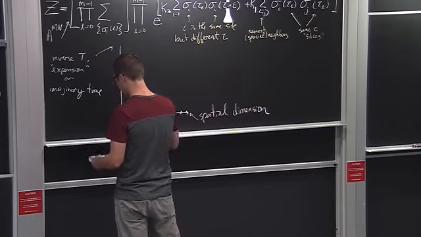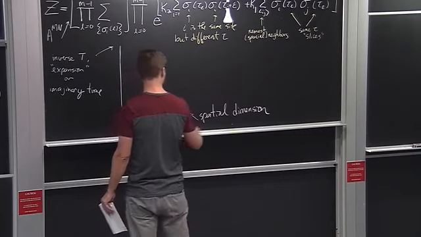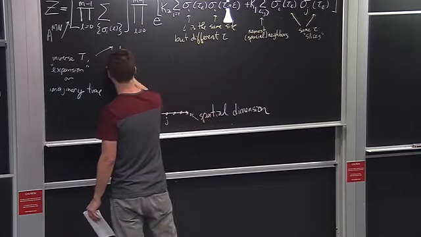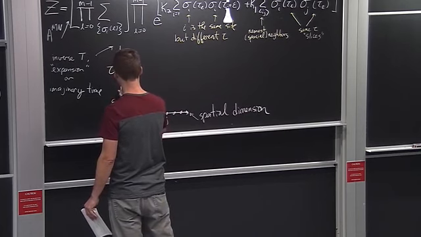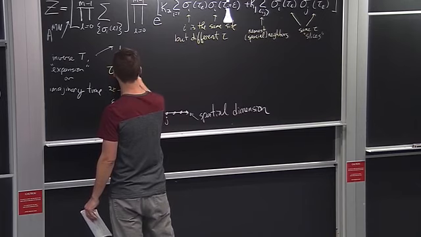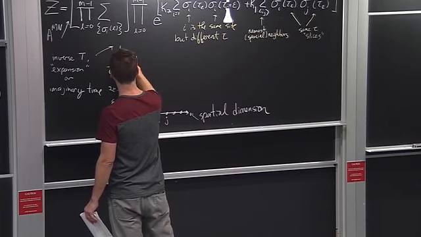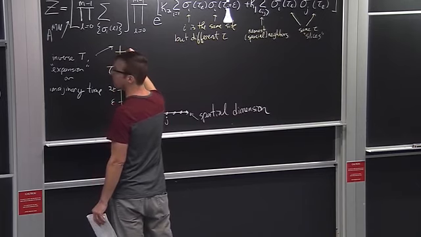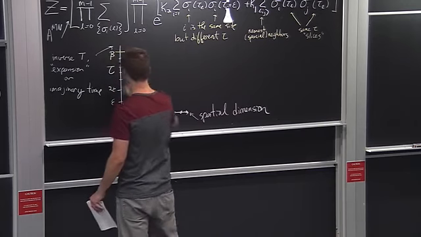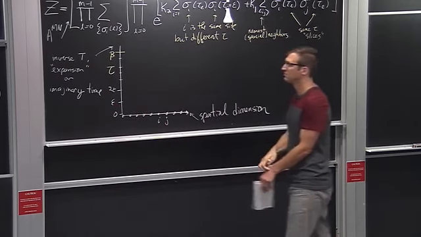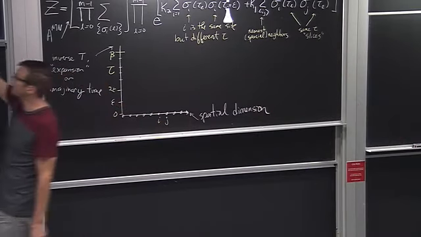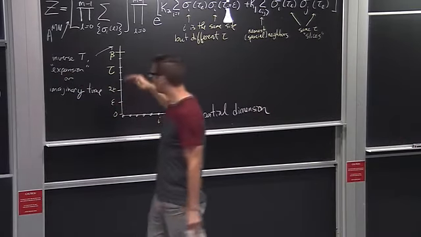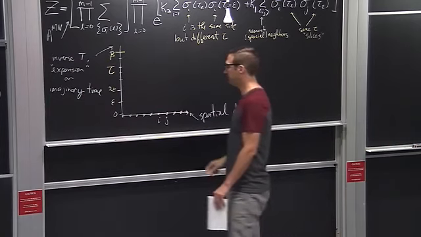And then in this direction I have tau, which starts at 0, epsilon, 2 epsilon, all the way up to beta, which is m times epsilon. Beta is m times epsilon. So there's m integer imaginary time slices is what I'm calling them.